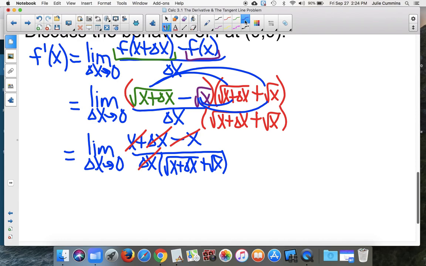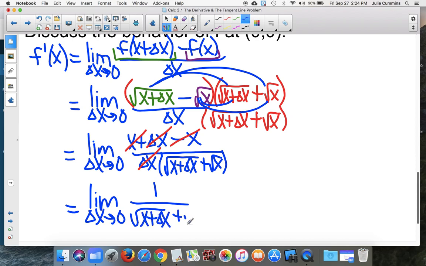So we are left with the limit as delta x approaches 0 of 1 over the square root of x plus delta x plus root x.